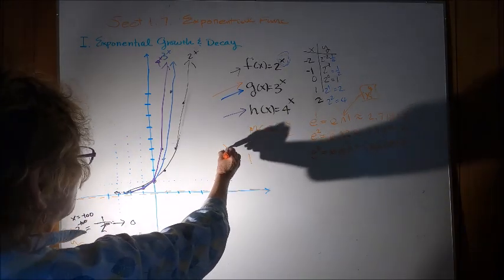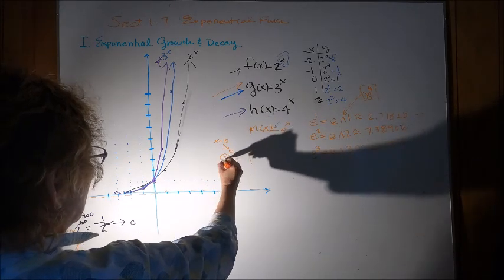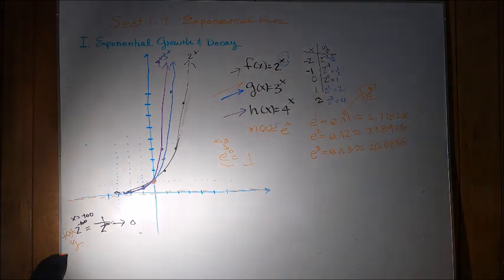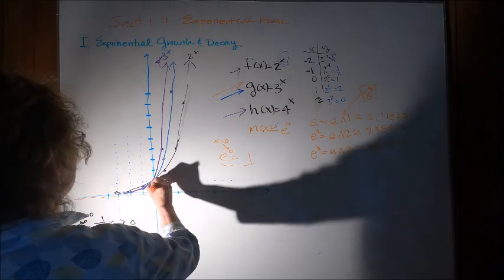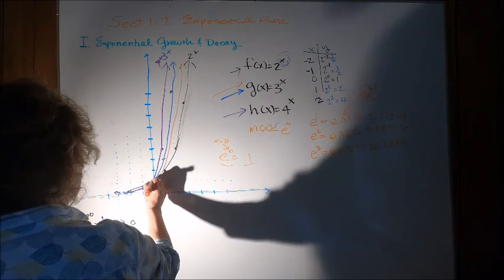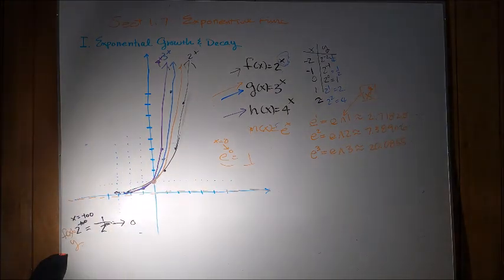So when x is 0, your y is 1. So it still goes through this point. E is 2.718, so the curve is between 2 and 3. So your graph should be between the black line and the blue line. Should be somewhere there. Got the idea?